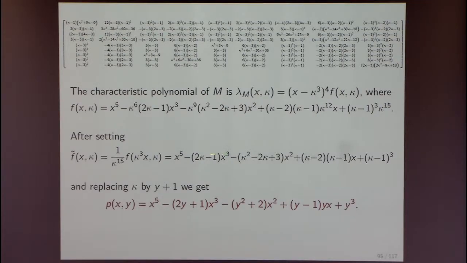And if you think about this kappa as another integer parameter, you have a particular polynomial with integer coefficients in 2 variables, x and y. And what we really would like to say is that for every integer parameter y, the kappa parameter, this quintic polynomial in x has 5 eigenvalues that satisfy the lattice condition. This is what we really want to do.